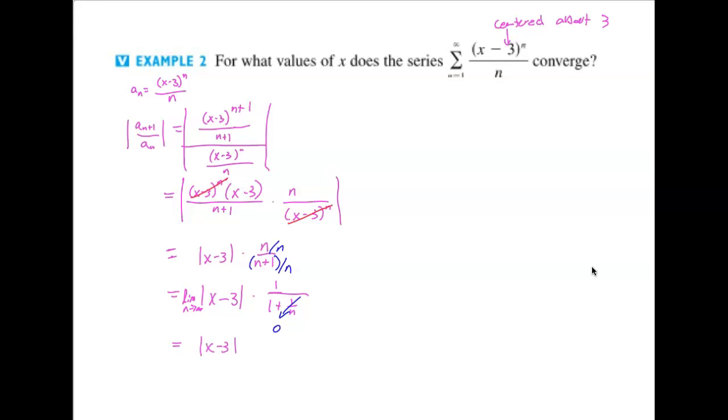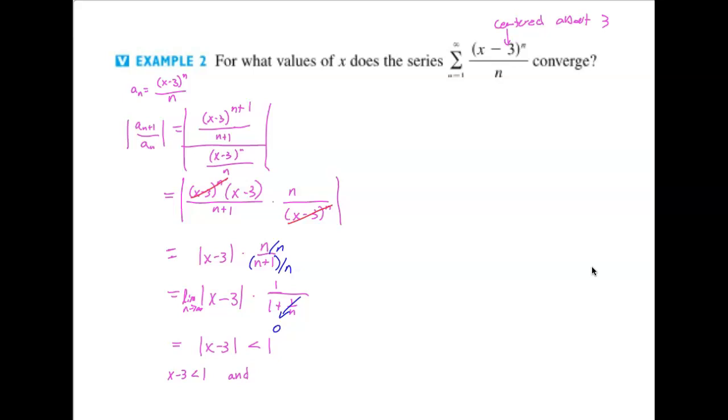And again, what do we need this ratio to come out to for the series to converge? So I'm going to set this less than 1. So absolute value of x minus 3 is less than 1. And the way we deal with absolute values and inequalities is you set up the two situations. So drop the absolute value, x minus 3 is less than 1.